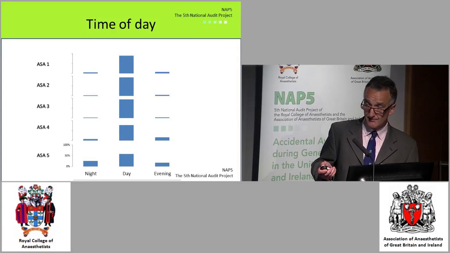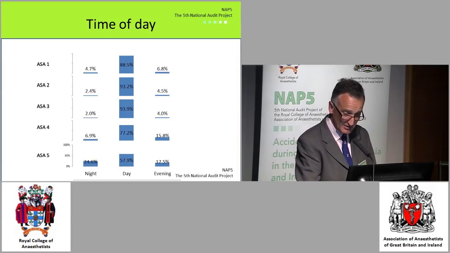That is from 8 o'clock in the morning till 6 at night, and that is from 6 till midnight. I think that's how it pans out, and you can see that as the ASA grade increases, more of the patients are being done outside the routine hours.